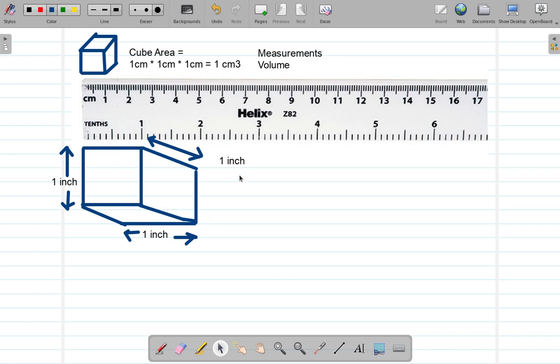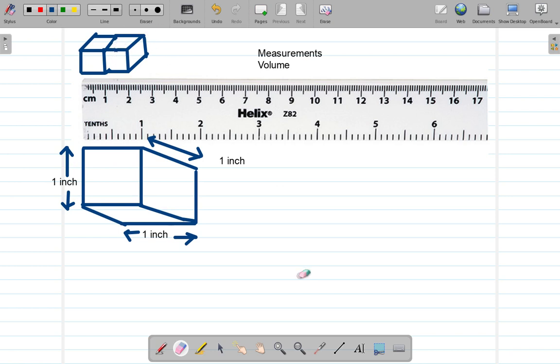Now, let's do a little modification. Let's get rid of this, and we're going to add another cube to this. 1 centimeter, 1 centimeter, 1 centimeter. Each distance is 1 centimeter. You can see through this cube, so let's just erase this section of it, pretending as if we cannot see through it.